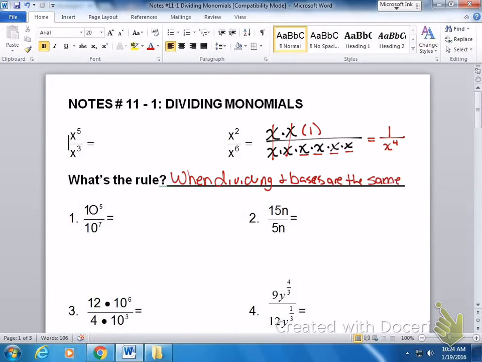When dividing and bases are the same, subtract the exponents, so we're going to subtract the exponents and put the result where the larger exponent is.